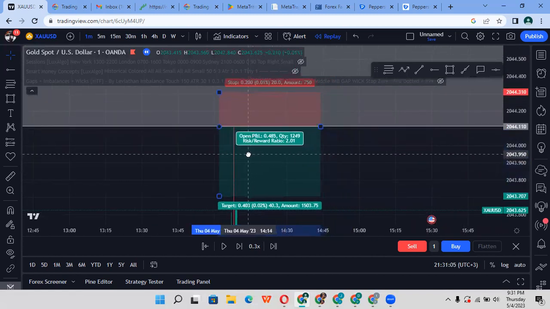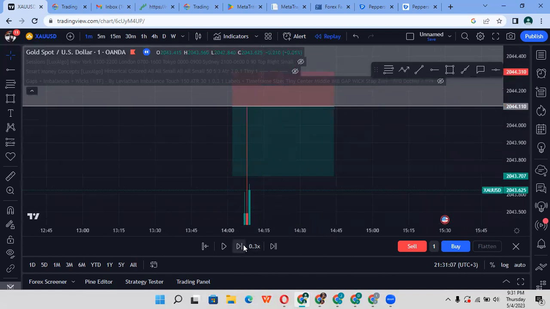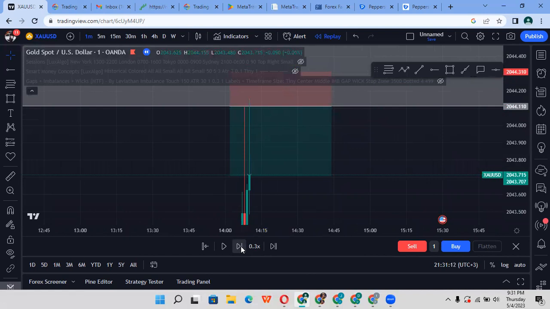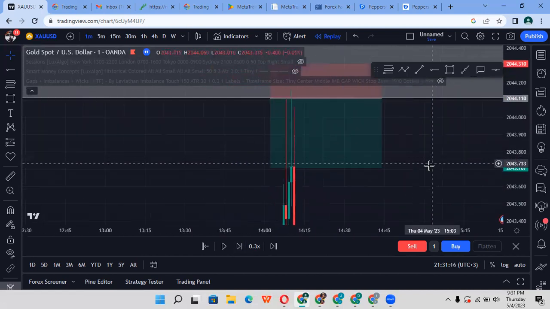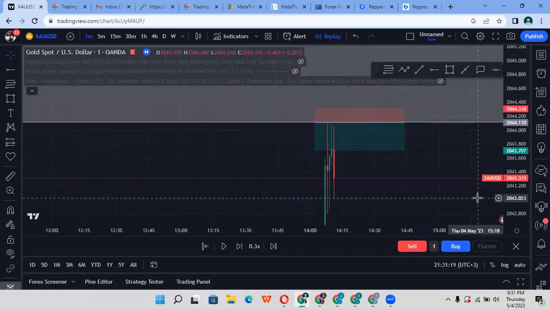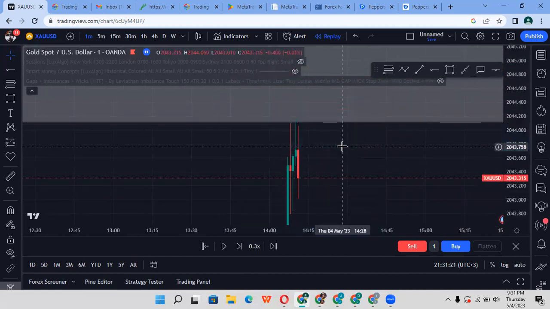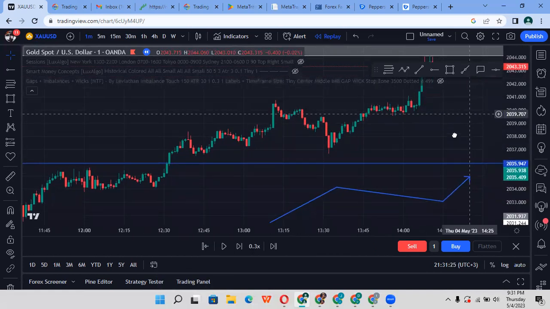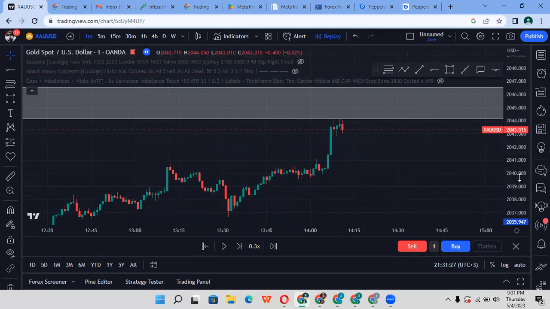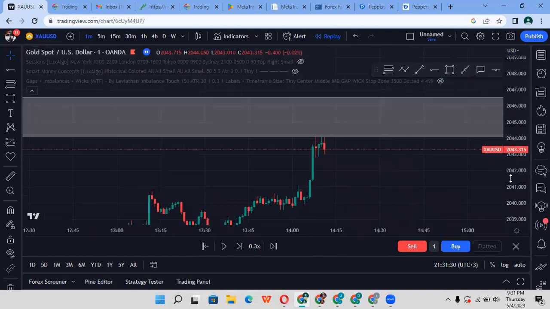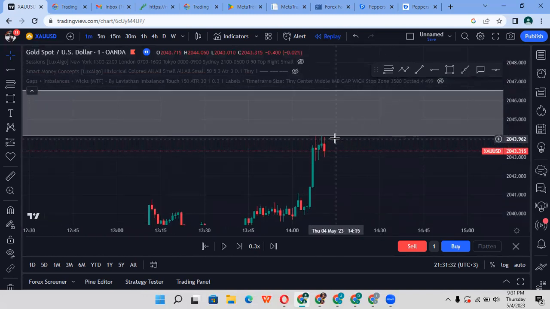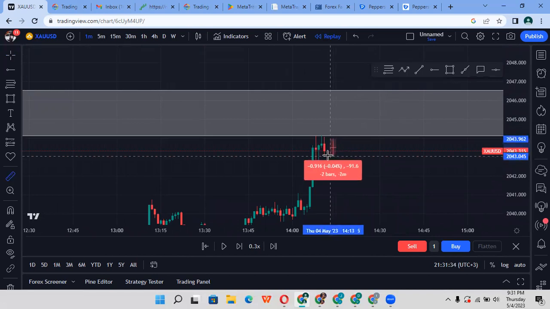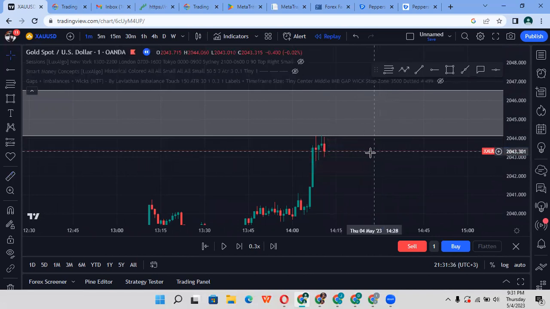So you can see price touch this zone. Let's see what it does. Can you see? 1:2 straight. I don't know. Let me just restart the chart so that you can be able to see. So for gold, a small move, guys, is crazy.